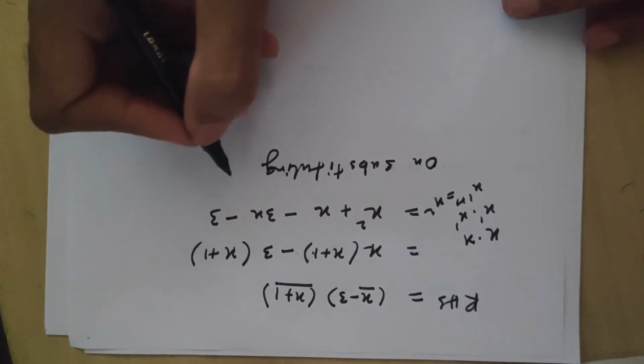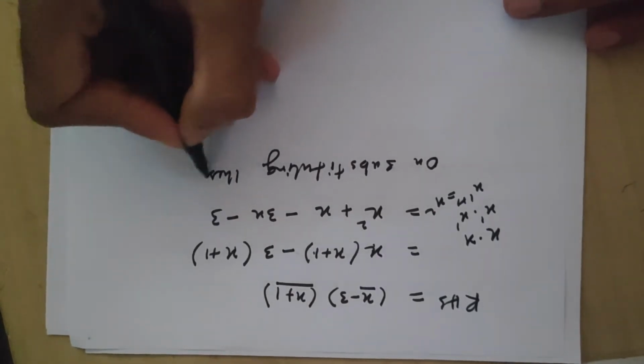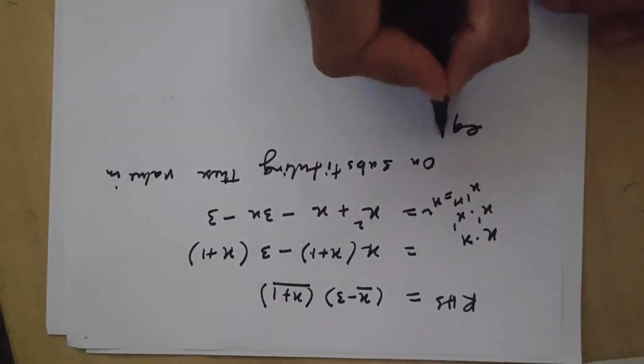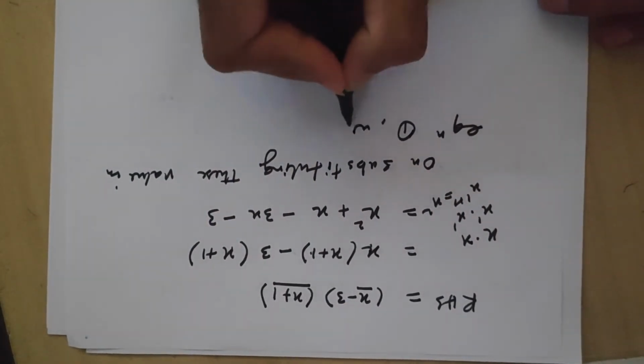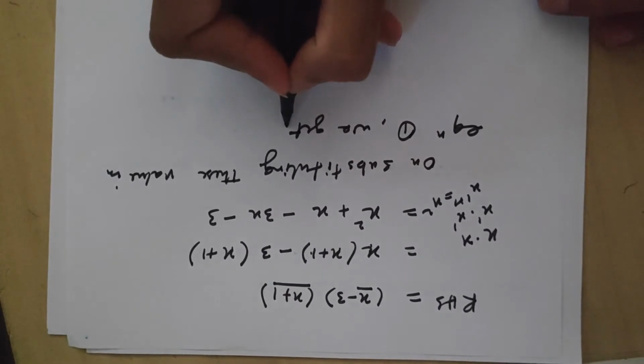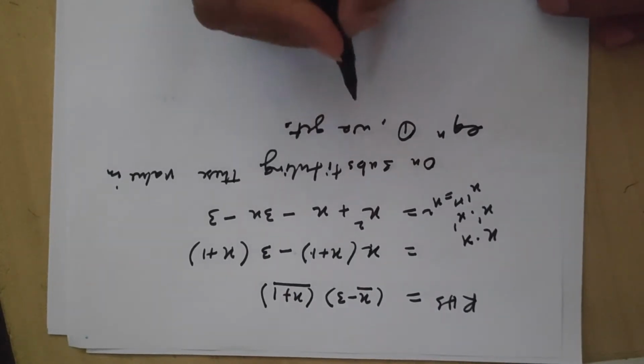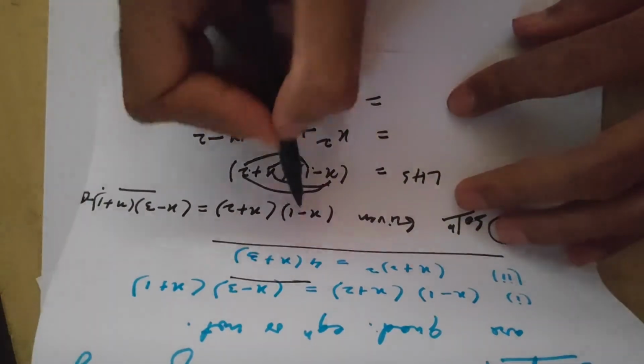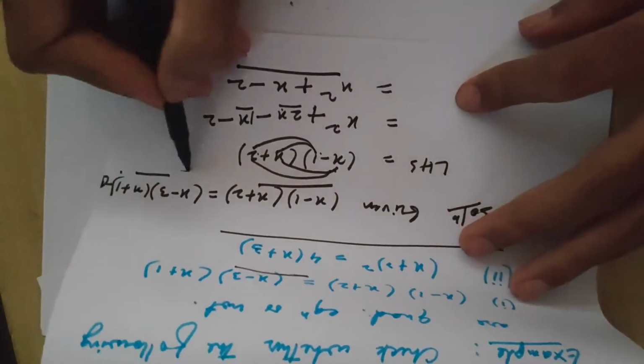So on substituting these values in equation 1, we can write whatever you want to write. Like I'm going to write this one in this section and the right hand side in this one, okay?